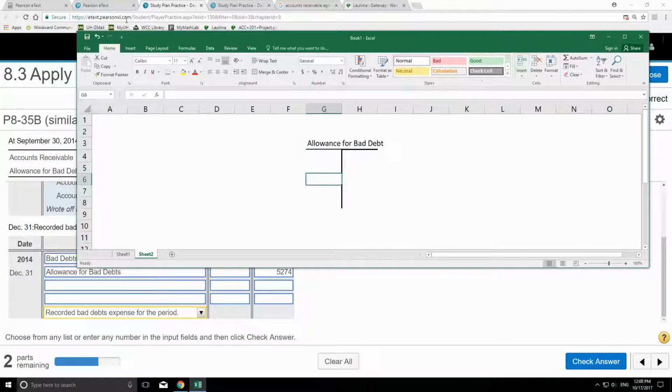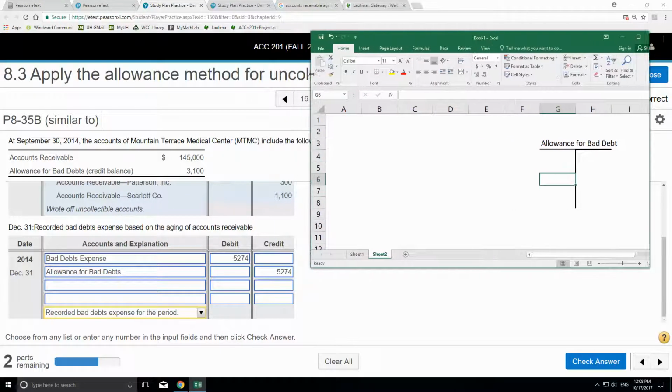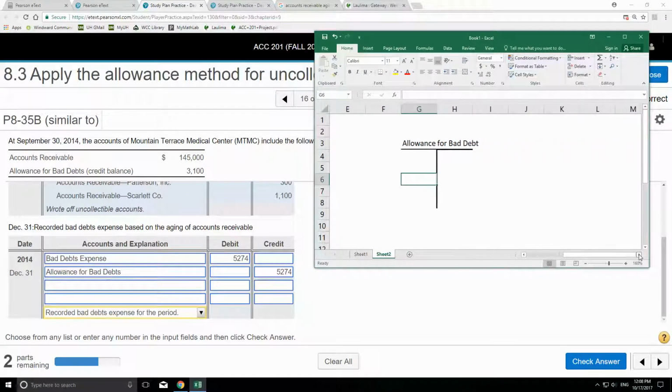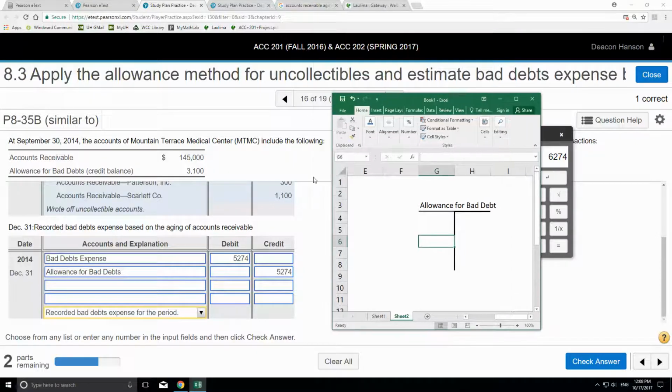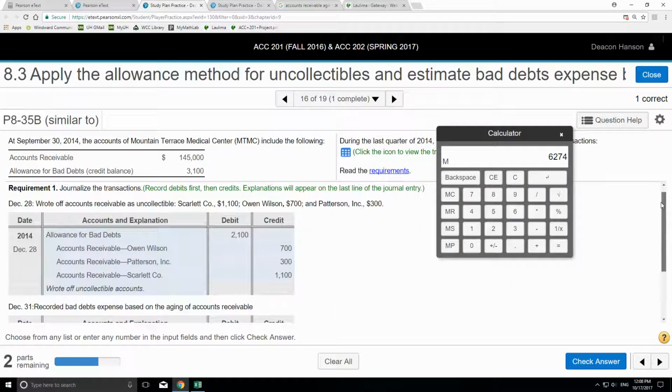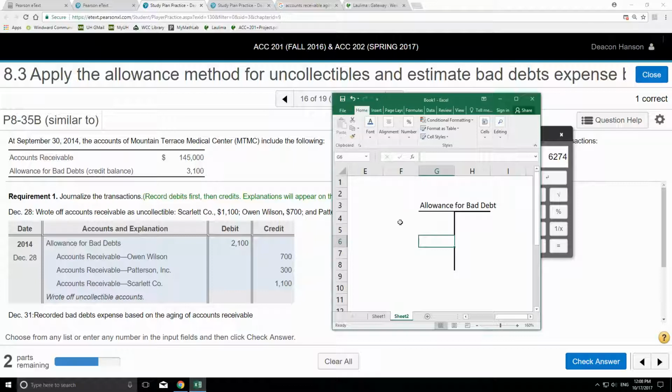So if you had this T account going, if you had it handy, and you look at this, you start off the accounting period with a 3,100 beginning balance. And then over here we have a debit because we wrote off some of the accounts receivable.